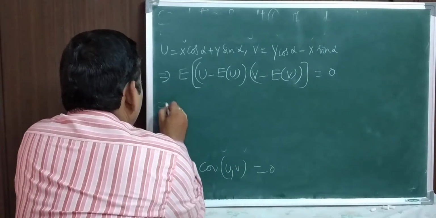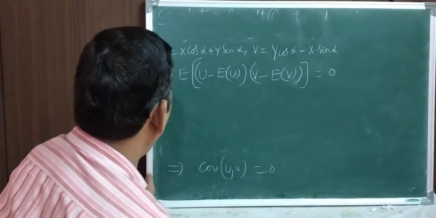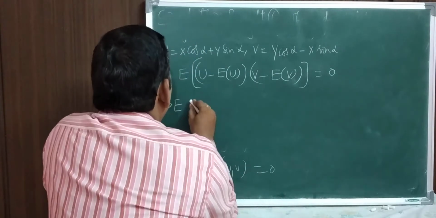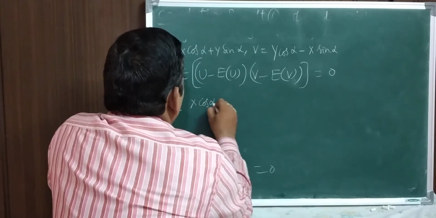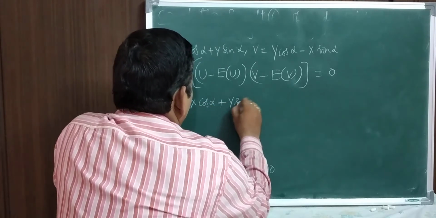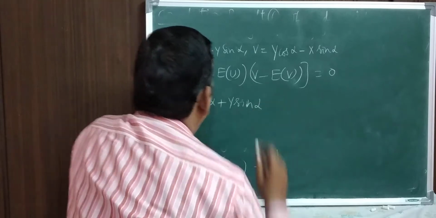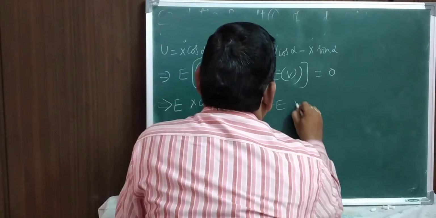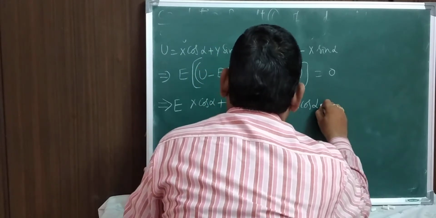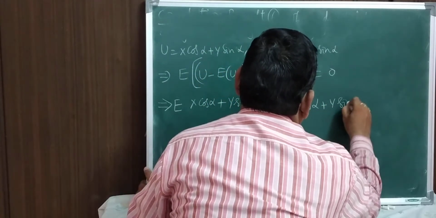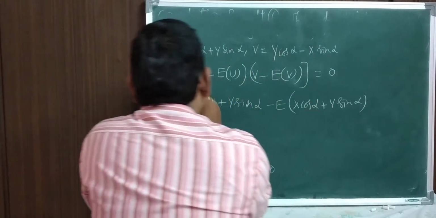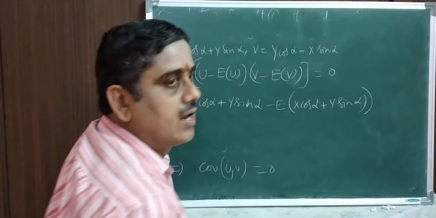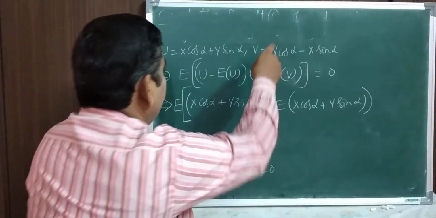Now let us substitute the values of u and v. What is u? Expectation of x cos alpha plus y sin alpha minus expectation of x cos alpha plus y sin alpha. This is the first part, u minus expectation of u. Now the second part, v minus expectation of v. What is v?